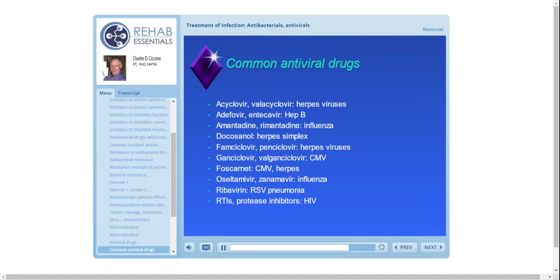Again, this is not a complete list, but it does give you a sense that these drugs are not as plentiful as the antibacterials, and they do tend to be fairly selective against certain viruses. And one more time, they tend to be delaying the replication rather than actually killing the virus.